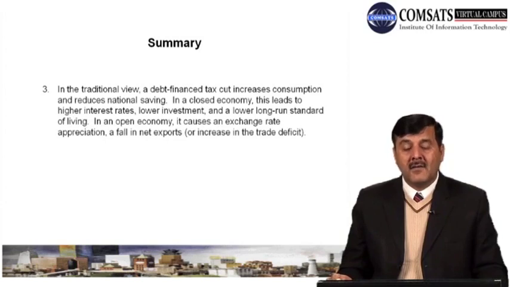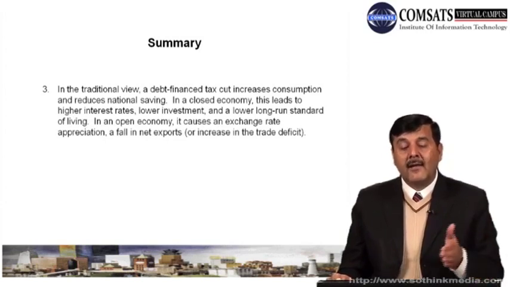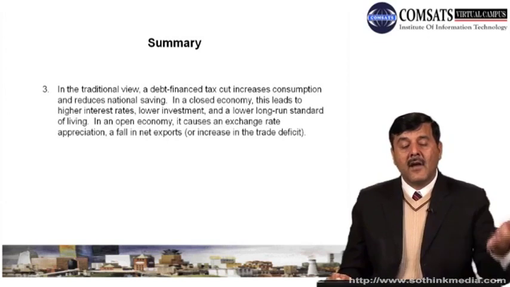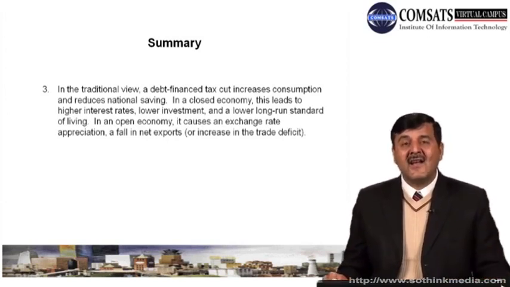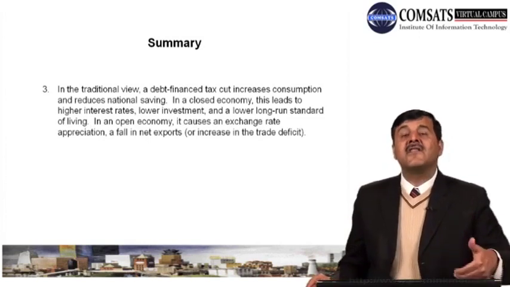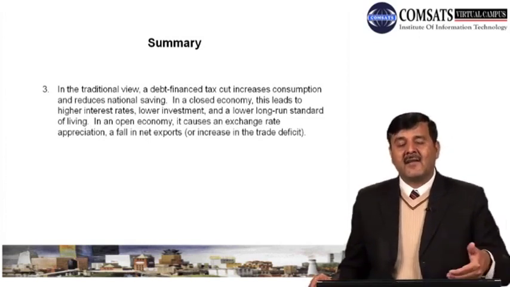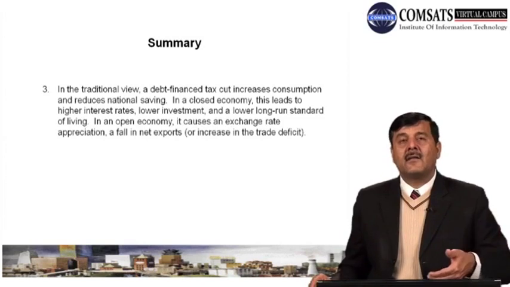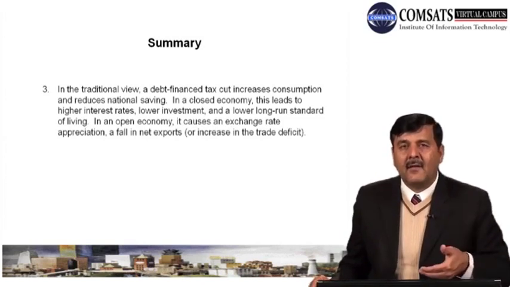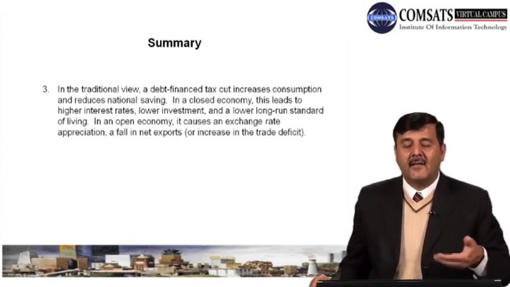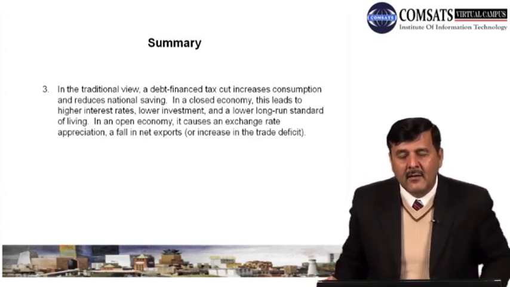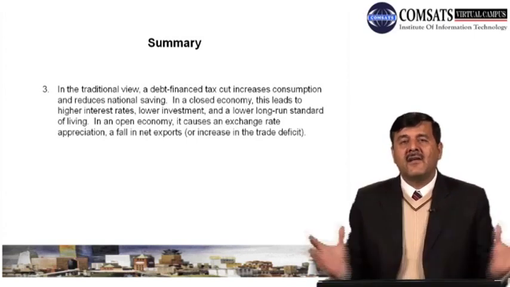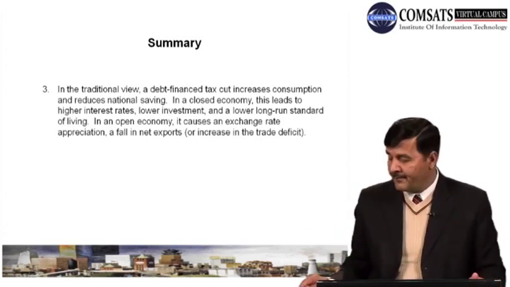In an open economy, it causes an exchange rate appreciation, a fall in net exports, or an increase in the trade deficit. So this was the traditional view: when the government wants to finance debt through a tax cut, this is what traditional economists say.